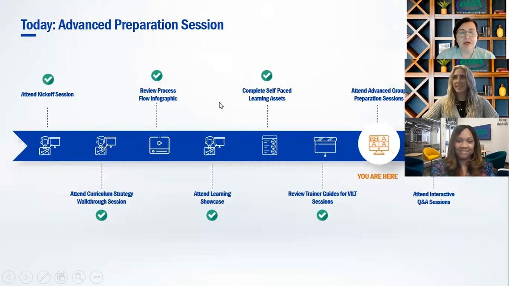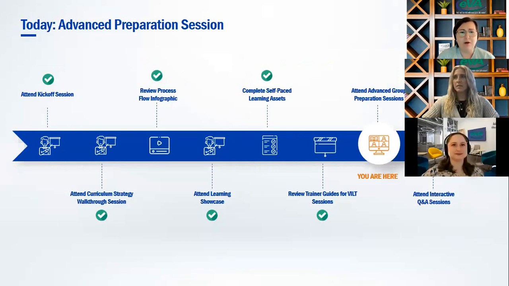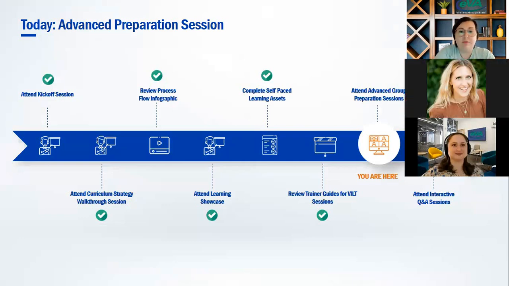So let's take a look at this timeline of where we are, where we've been, and where we're going. I want to spend a little bit of time on this slide before I go into the agenda. We have almost completed content drop 2. Feedback is due by close of business today.